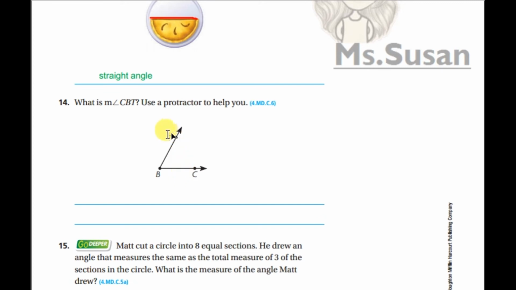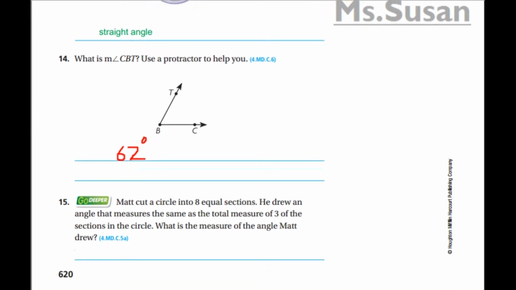So see where the line will be on the protractor. It will be on 62 degrees. So I will give you the final answer. In this case it will be 62 degrees. Okay, the final one.